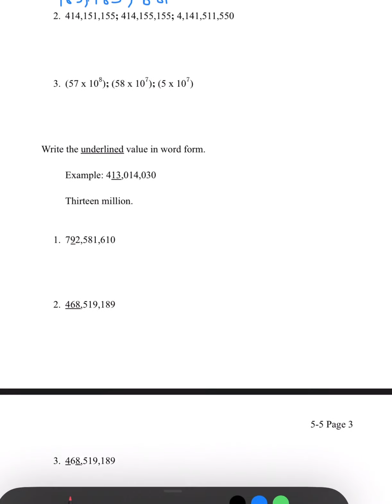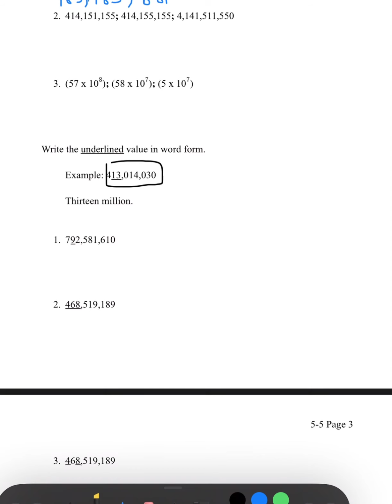Here it says, write the underlined value in word form. The example gives us this number, and the underlined number here is 13. We can see that the 13 is in the millions place, so all we write is 13 million. So we're going to go with number 1. This is our number, and we can see that the 9 is underlined, so we put only the 9.